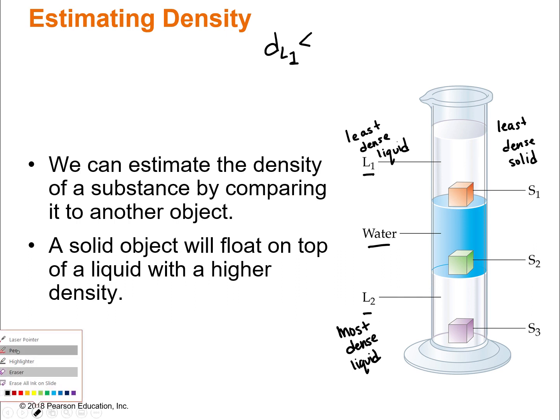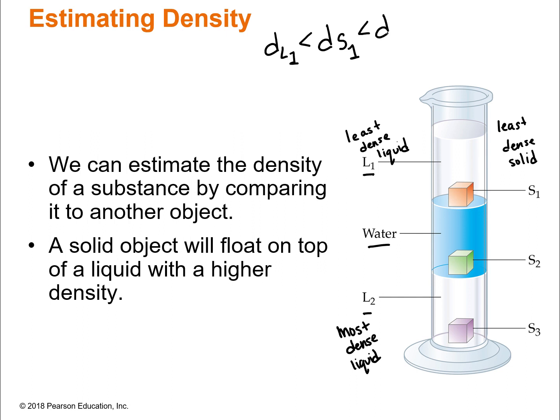Trying to keep all these letters straight. So the density of L1 is less than the density of S1, the solid one, which is less than the density of water, because that solid is sitting on top of the water, which means it is more dense.